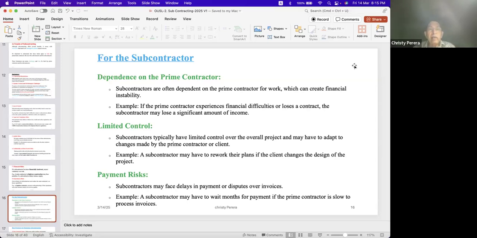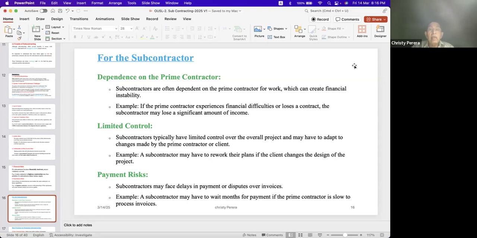So the example I have given: if the prime contractor experiences financial difficulties or loses a contract, the subcontractor may lose a significant amount of income. That's correct. Limited control. Subcontractors typically have limited control over the overall project and may have to adapt to changes made by the prime contractor or client.